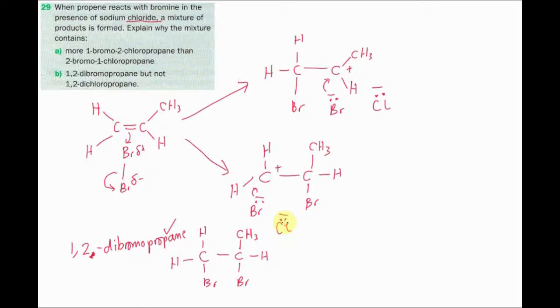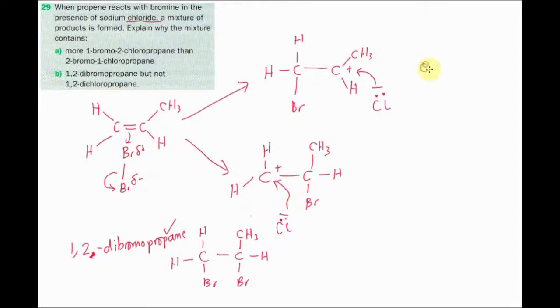So when we get to this point with our carbocation intermediates, we've got some chloride ions that can jump onto here. So the electrons from the chloride can jump on here and jump on here like this.